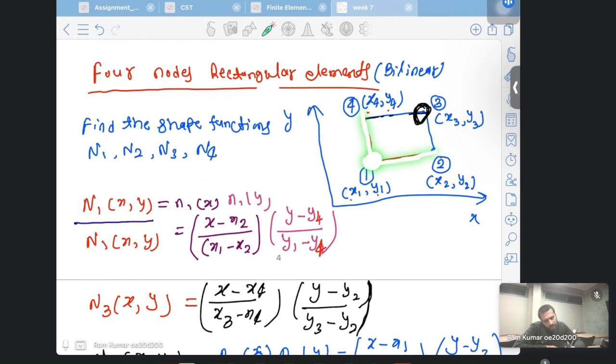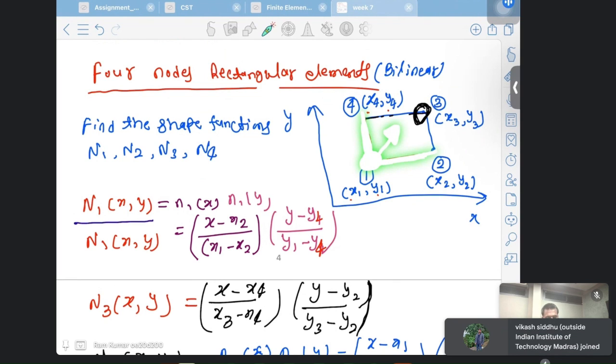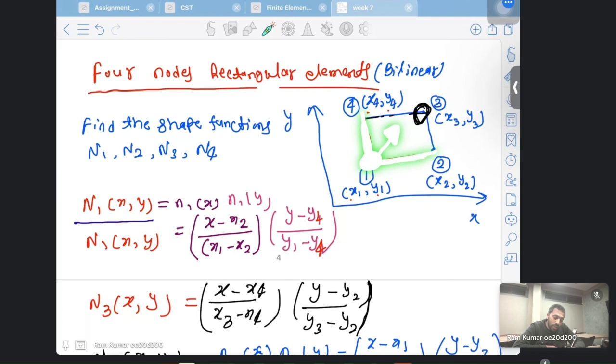So node 1 will have an X effect and also a Y effect, because it will not move in one direction only; it will move in the resultant of these directions. So how can we find the shape function for this bilinear element? First I will tell you how to find the shape function in one direction.